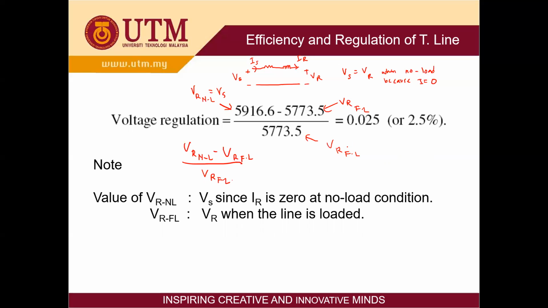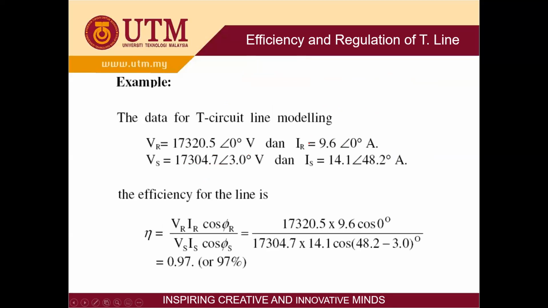That is what we always want actually. So this is the example to calculate the efficiency and also the regulation for the T circuit, which is referring to the medium line.